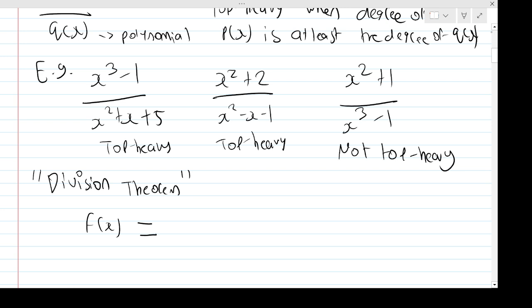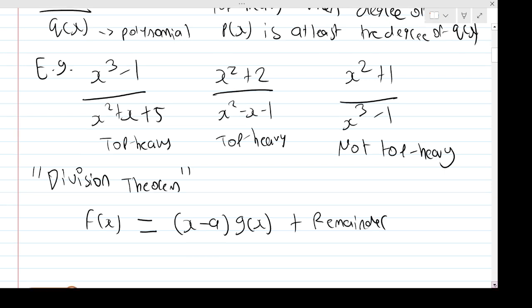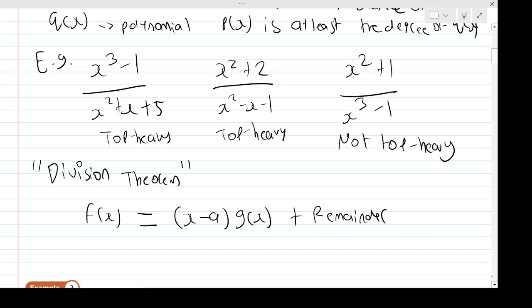but I'm going to leave it as f of x for now. Well, we can break down any polynomial to say x minus a linear part, and then another function g of x, add a remainder there, okay? And you'll see how that makes sense in a minute.